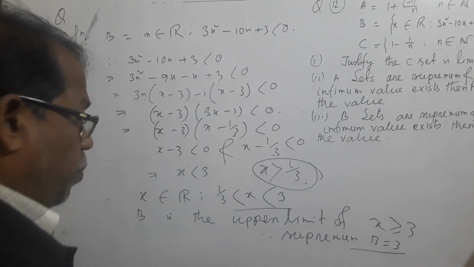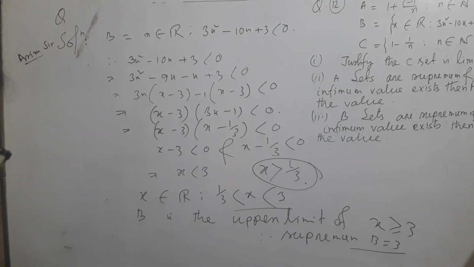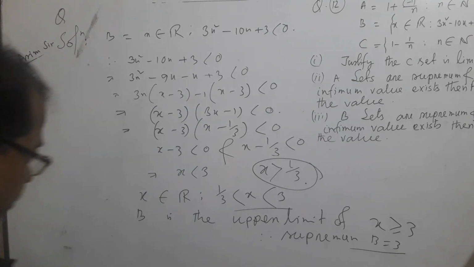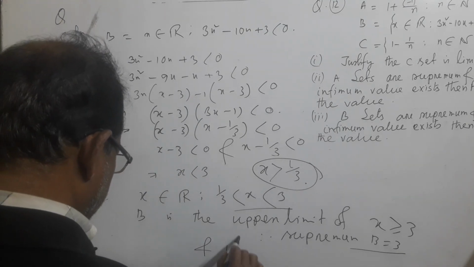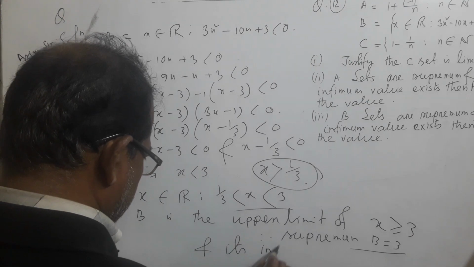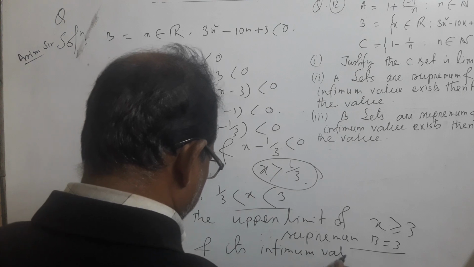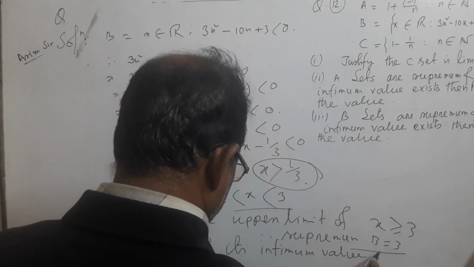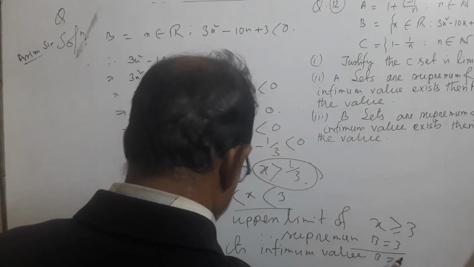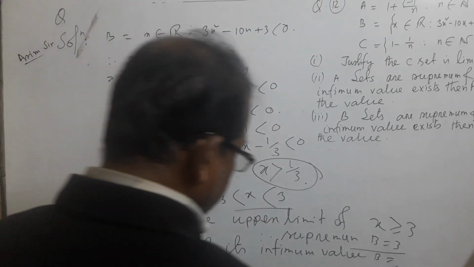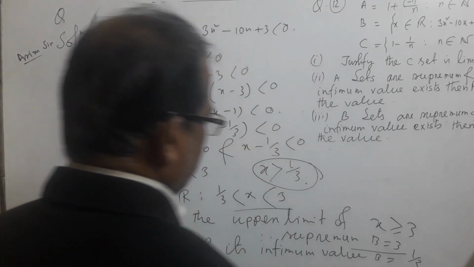The supremum of B is 3, which means the biggest value, and the infimum value of B is 1 by 3.